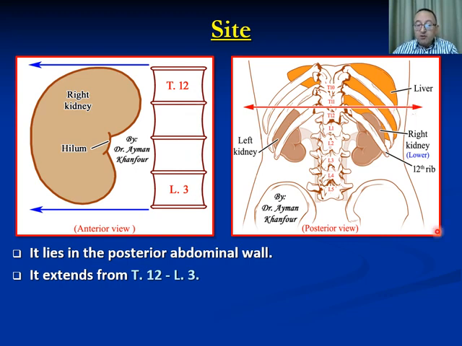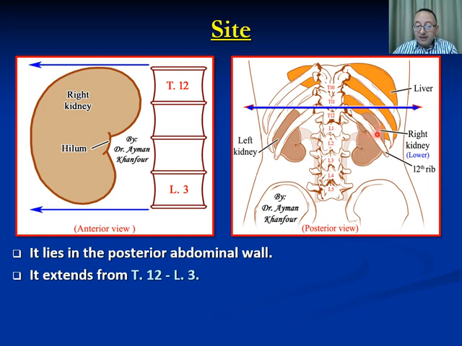If I want to compare accurately between both sides, I'll find that the right kidney here is slightly lower than the left one. Look to this red arrow, it will turn blue now.